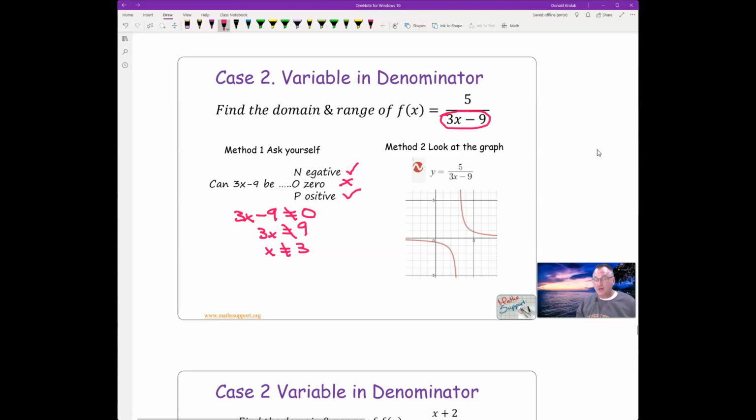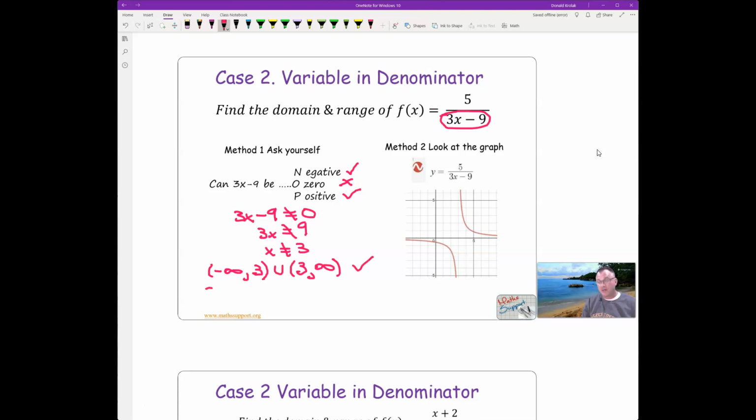It can be all numbers except 3. So that means it can be from negative infinity up to 3, but not including 3. Then I'm going to do the union of that and 3 to positive infinity, but because of the parenthesis, 3 is not included. So this is one way of writing that.